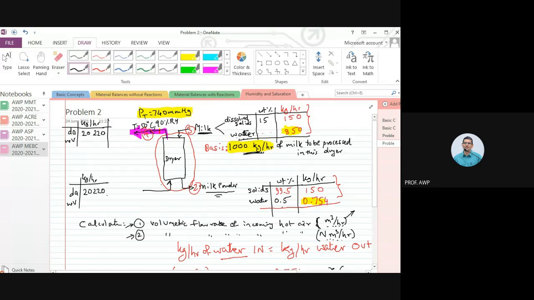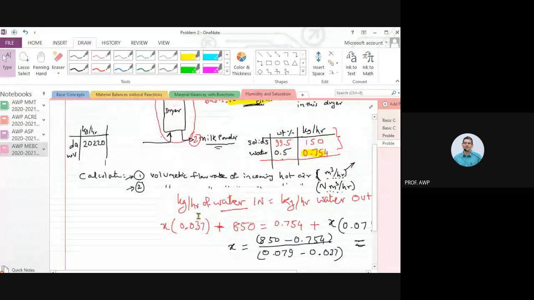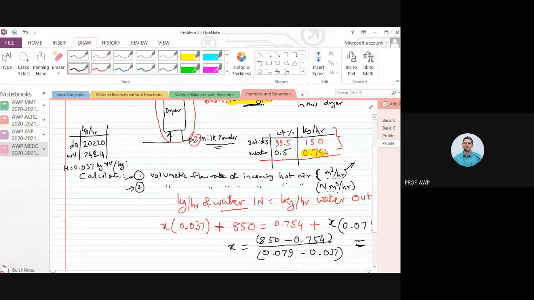Okay. What will be the water vapor coming in along with this hot air? It would be 20,220 multiplied by 0.037. Do you agree? This would be 748.14 because this has a humidity of 0.037 kgs of water vapor per kg of dry air.